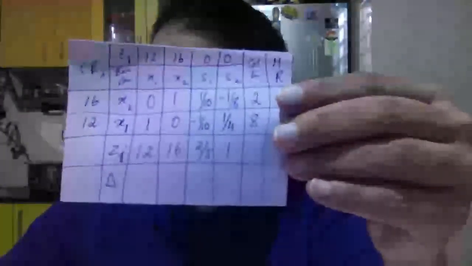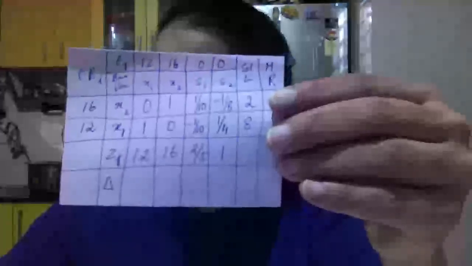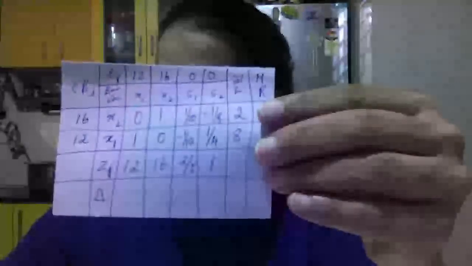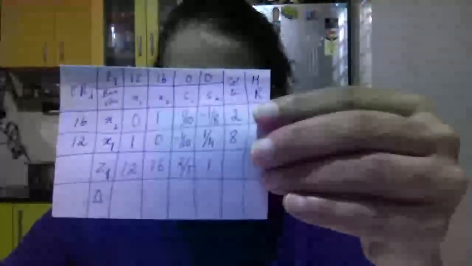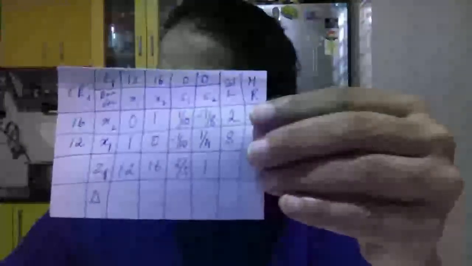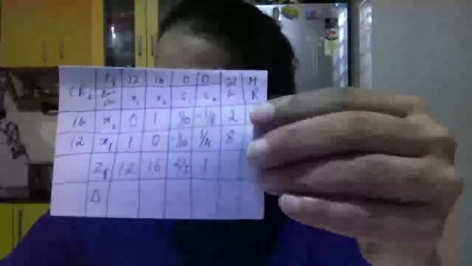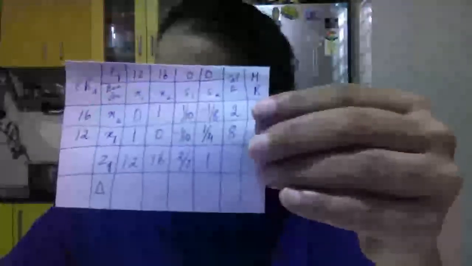Now Zj is, I'll give you from what I have here, 12, 16, 2 by 5 and 1. Alright. One minute. Copy it quickly.